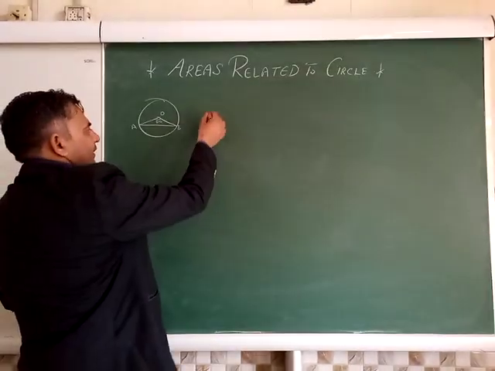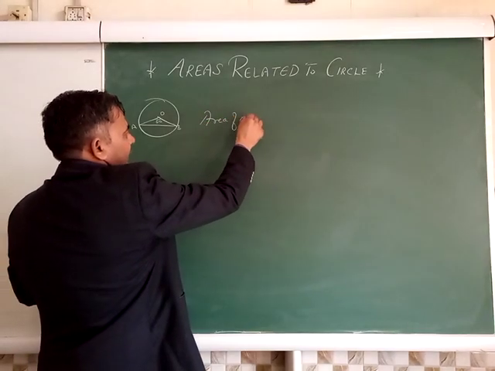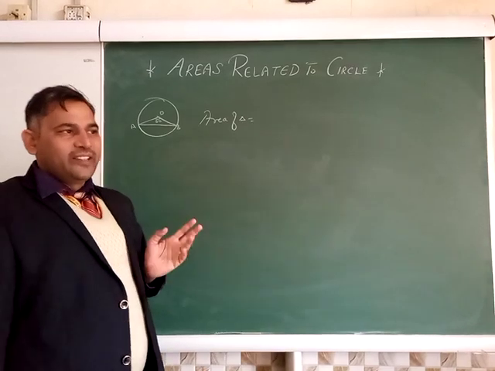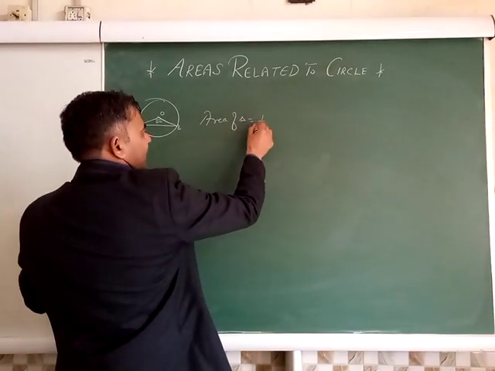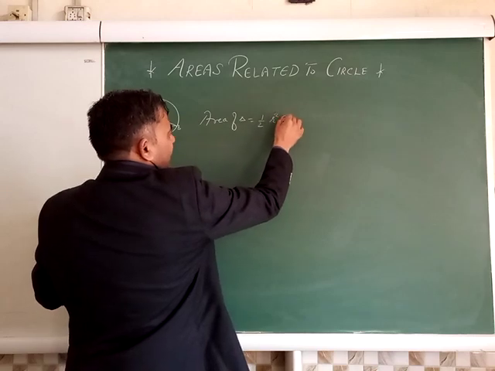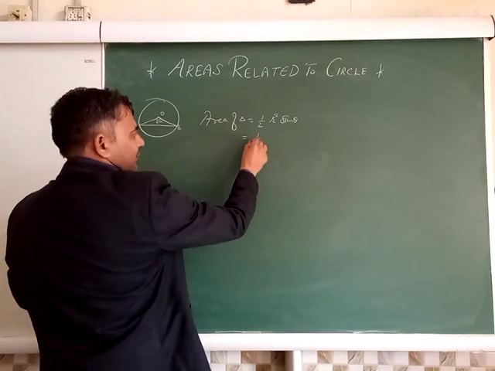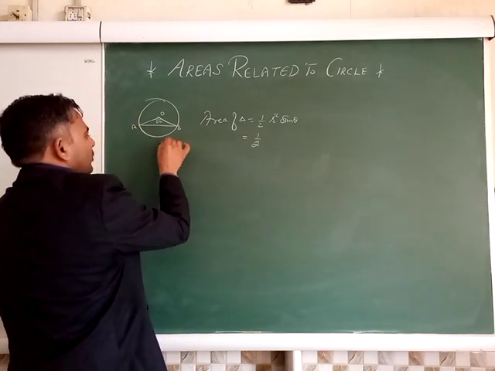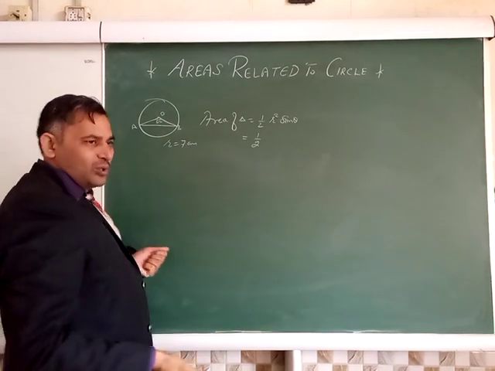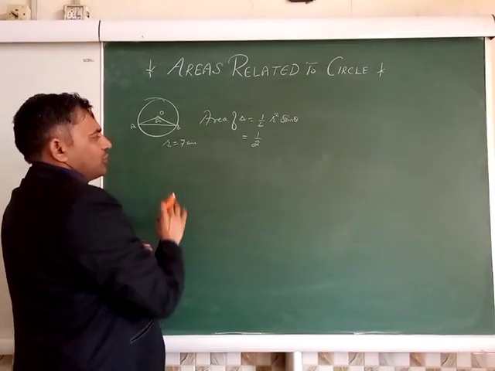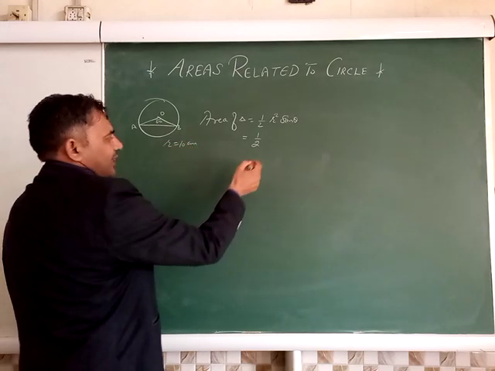So the formula is area of triangle equal to half into base into height. Same formula, but here we can write half r square sin theta. Now putting the value half. Suppose radius r is equal to 7 centimeter or 10 centimeter, this is your choice. You can write 7, 10, 20, anything.